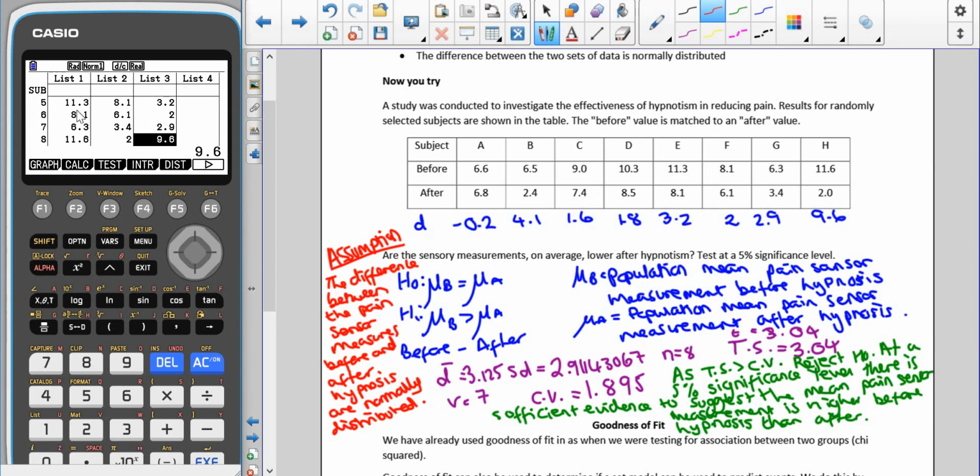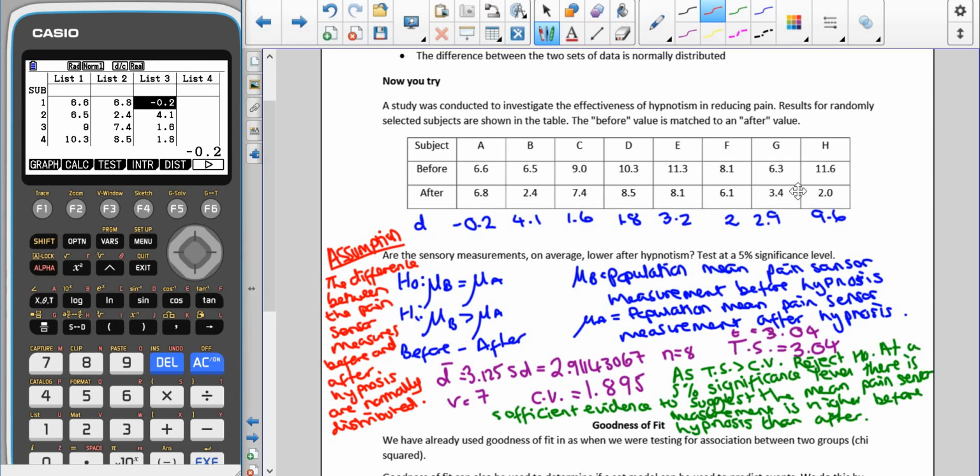As you can see in my calculator, I put the befores into list 1. I put the afters into list 2. The data here is going across, but make sure you put it down in your calculator. And then remember to go up to where it says list 3 at the top, and then you click in shift list 1 minus shift list 2, and it'll fill out that third list for you.